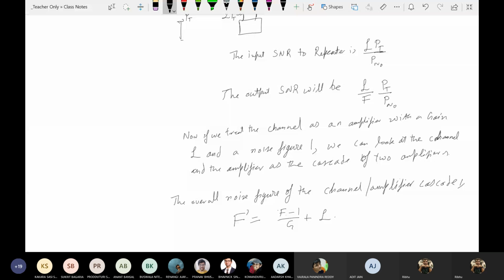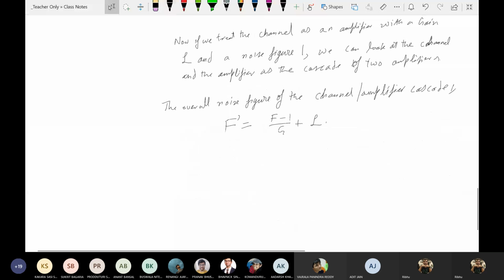And you can actually extend this by using the same logic.